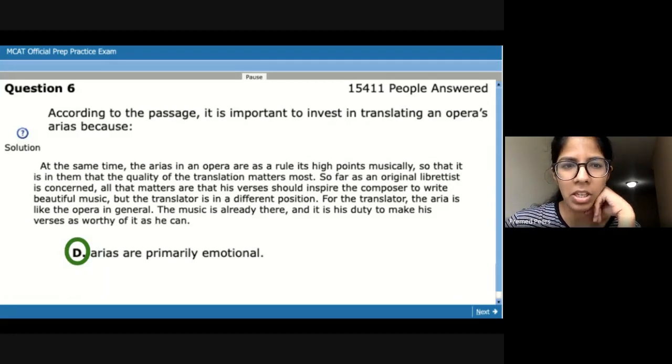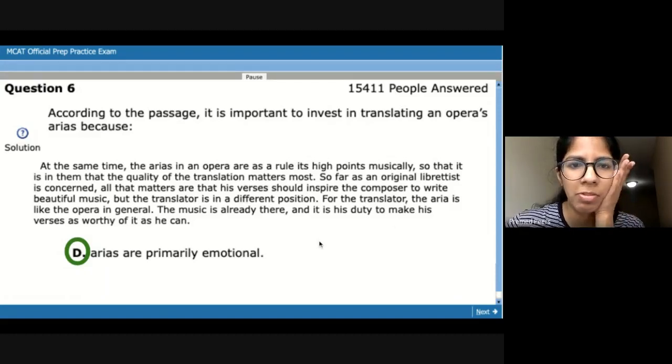I'll type up an explanation that says everything a bit more clearly, but I guess it's just saying there are different purposes for providing different details about this aria.